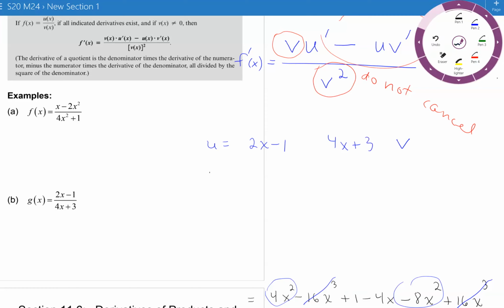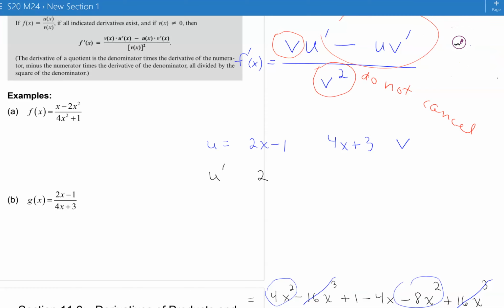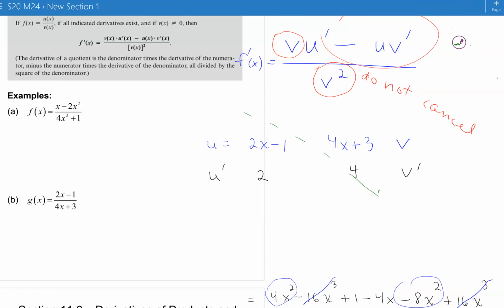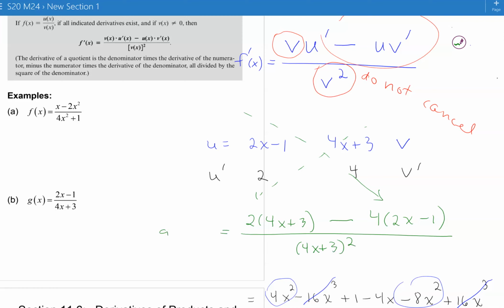Okay, then we're going to do the derivative of u is 2. And the derivative of v is 4. So we're going to have 4 times 2x minus 1 when we multiply diagonally. And 2 times 4x plus 3 when we do the other diagonal multiplication. And we're going to have a subtract. And then we're going to divide by 4x plus 3 squared and label that as g prime of x.